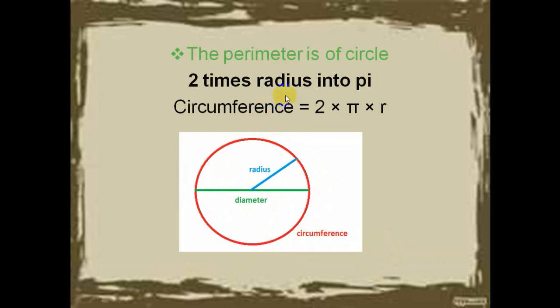So the perimeter of the circle is called the circumference: 2 times radius times pi, where pi is an irrational number, but its approximate value is 22/7, or 3.14. Pi itself is an irrational number, but its approximate value 22/7, 3.14 is a rational value.